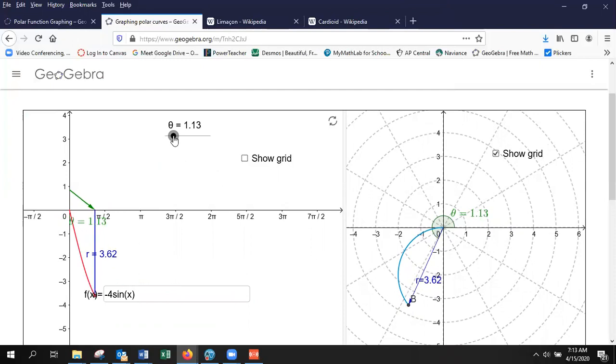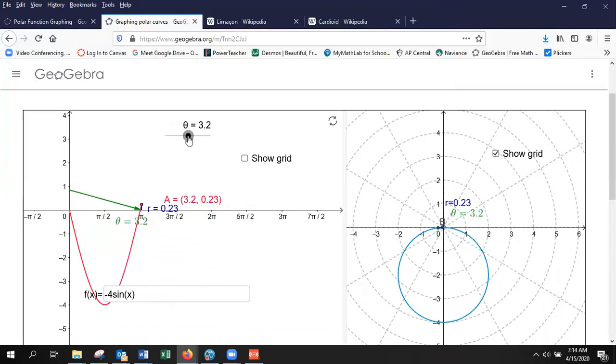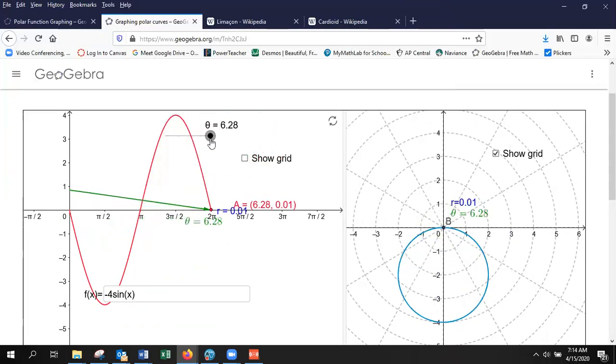So from 0 to pi over 2, we get half of the circle. From pi over 2 to pi, we get the other half of the circle. So what ends up happening is this graph gets created twice. From 0 to pi, we create it once, and then as we continue around, we create it that second time.